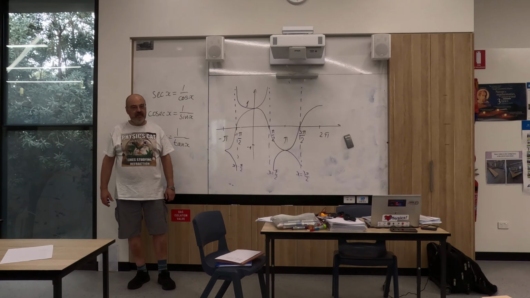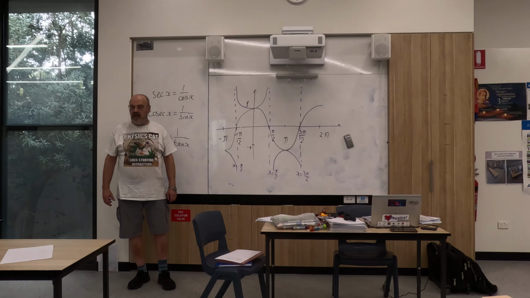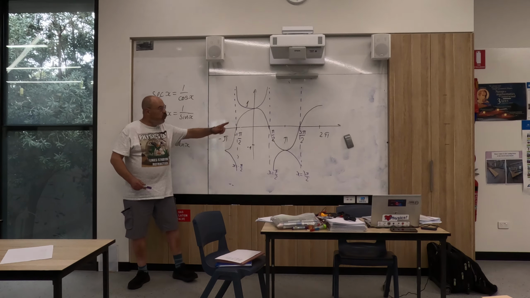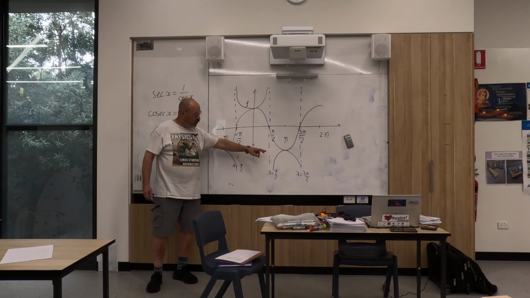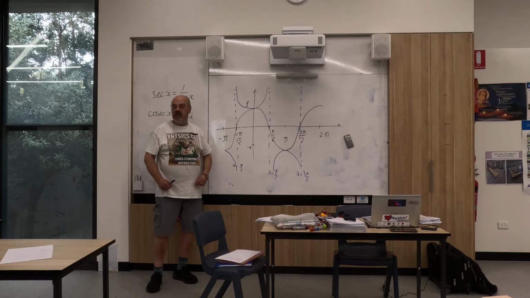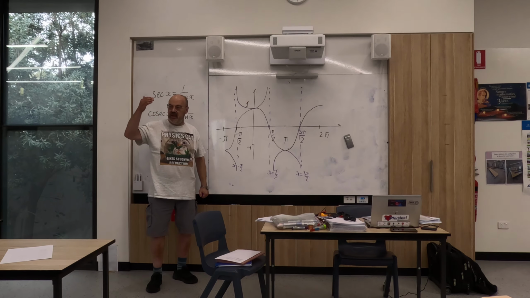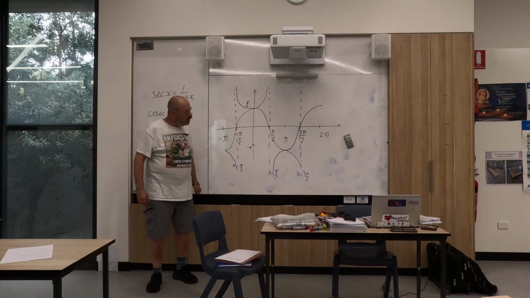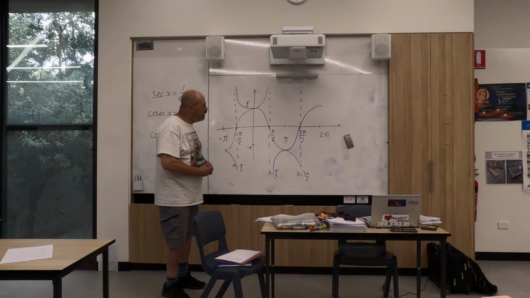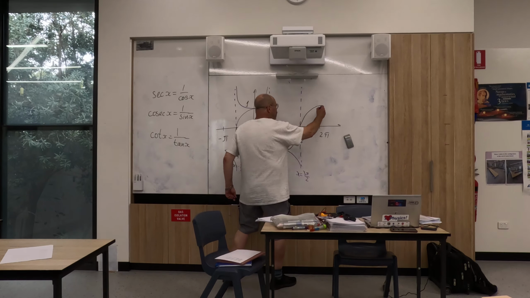Make sense? The turning points are always at 1 and negative 1, because 1 over 1 is 1. Also for sine it will be the same, but where we have a maximum of sine, we will have a minimum of 1 on sine, and vice versa. We add a bit here.